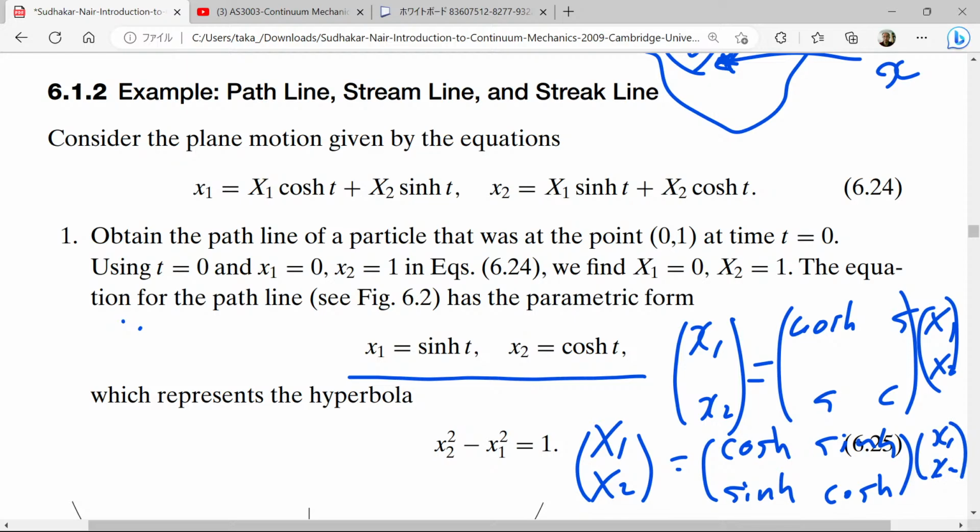Is it correct? Cos, sinh, cos. I think there has to be a minus sign here.